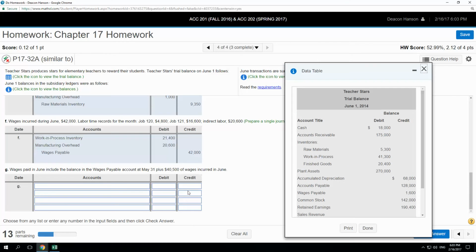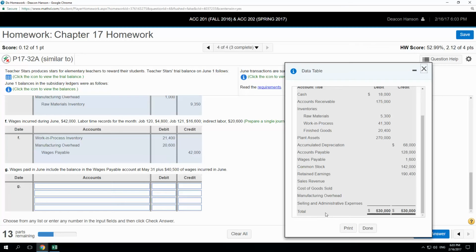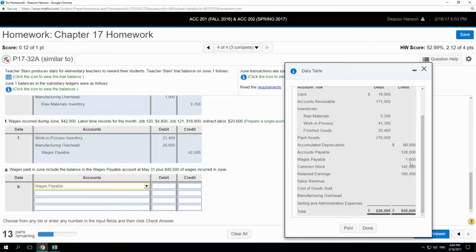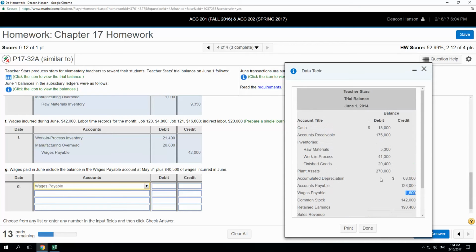Wages payable on May 31st would be this beginning balance. So May 31st, 1,600. Okay, so wages payable is going to be debited for 1,600 that's sitting there at the end of May.